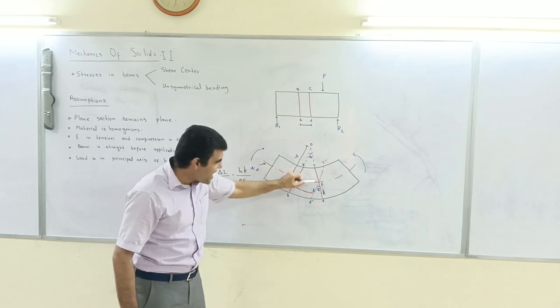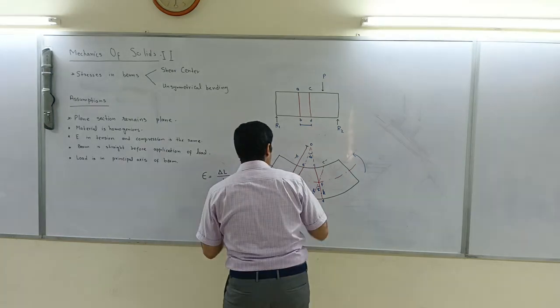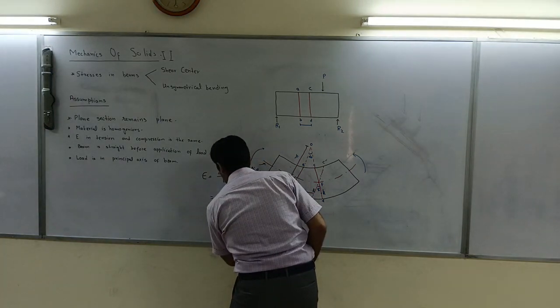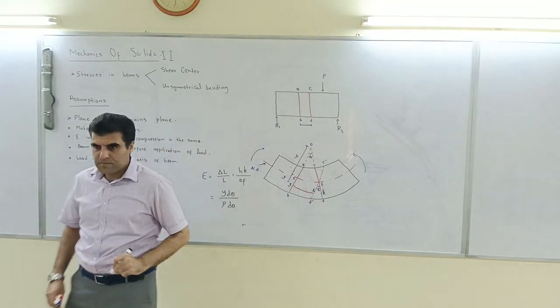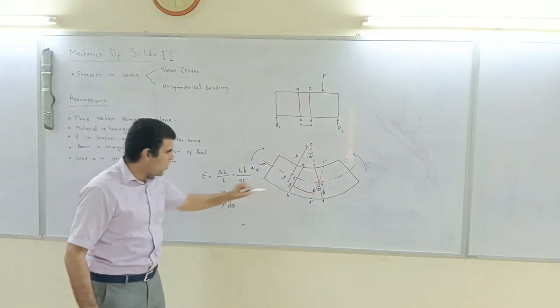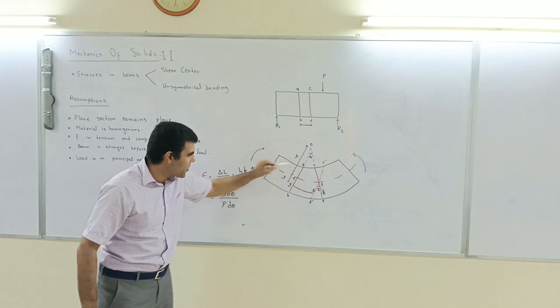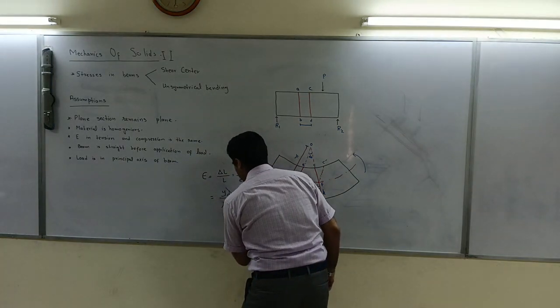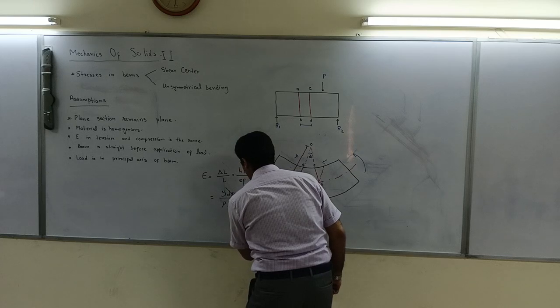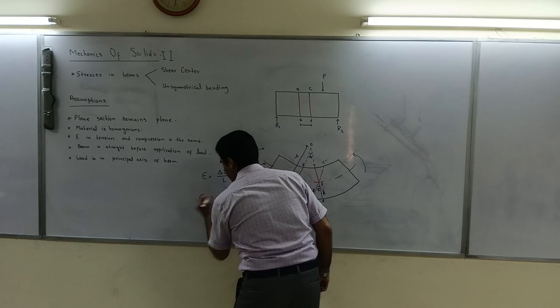So EF would be rho d theta. This is y d theta and this is rho d theta. The d thetas will cancel out and we get y by rho. That is our strain.